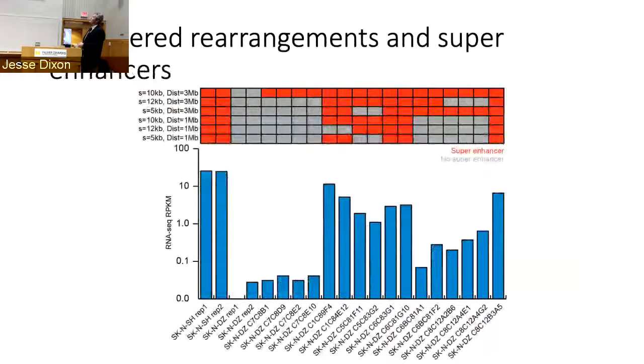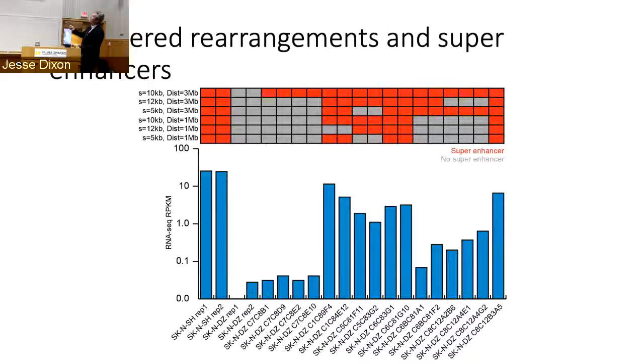So we can go back to this super enhancer model and ask, does this explain everything? And the answer is not exactly, but kind of. We could see that in clones where the breakpoint contained a super enhancer, they generally had higher levels of expression. I say sort of, but not always, because calling super enhancers is not definitive. There's not only one way to do it, and your ability to call them depends on whatever parameters you choose.